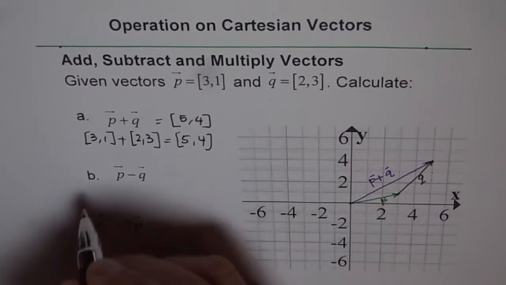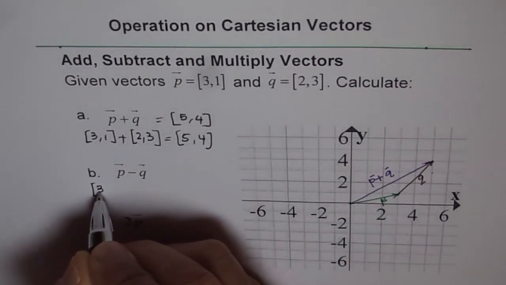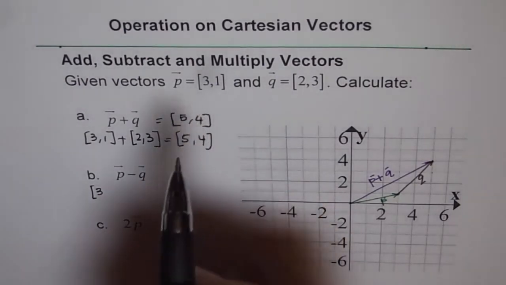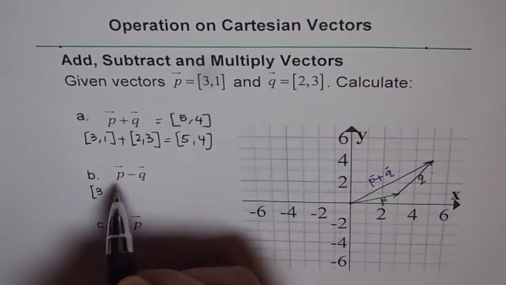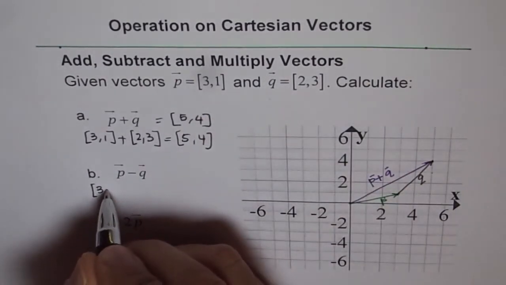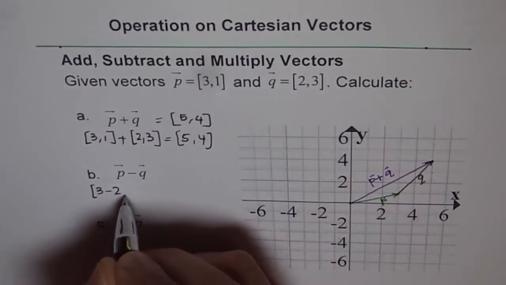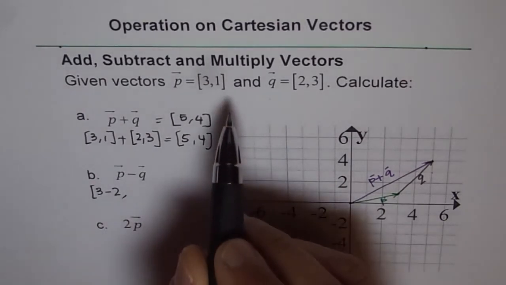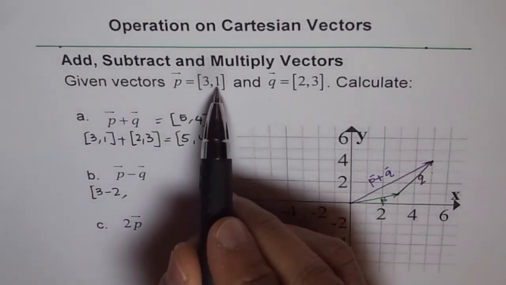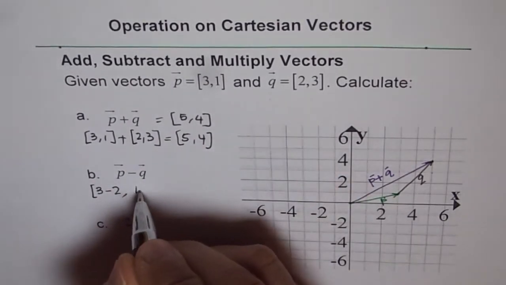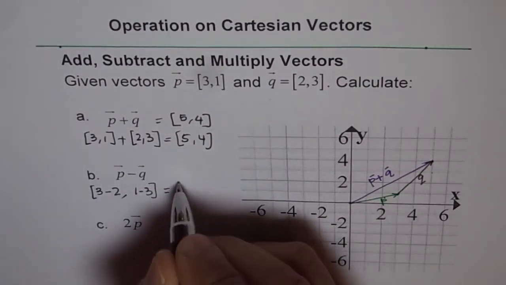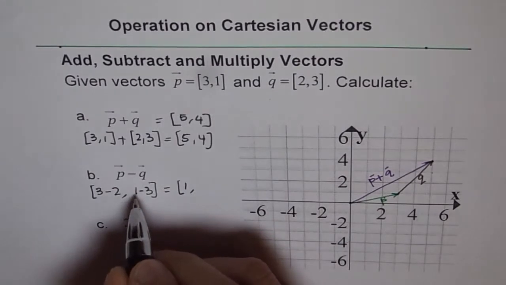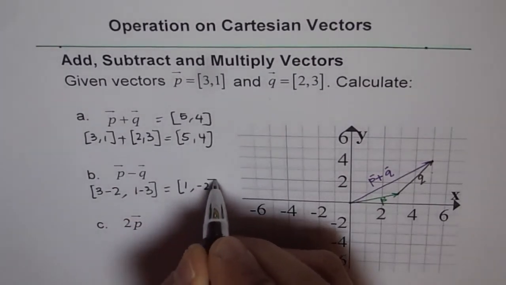We are writing p first, right? So 3 minus 2, that is my x coordinate, right? And the difference in y coordinates is 1 minus 3. The answer is 3 minus 2 is 1 and 1 minus 3 is minus 2, right?